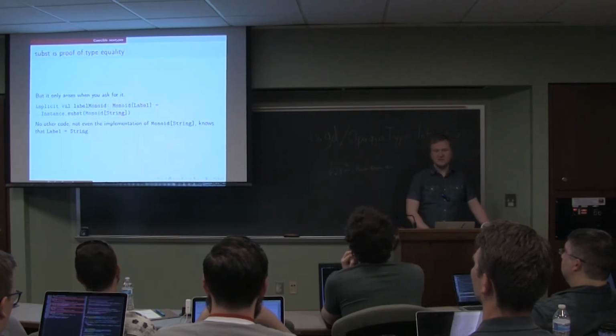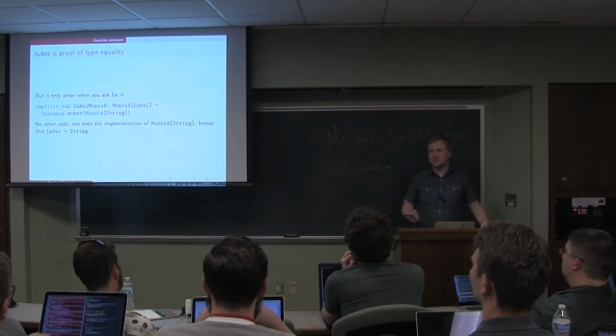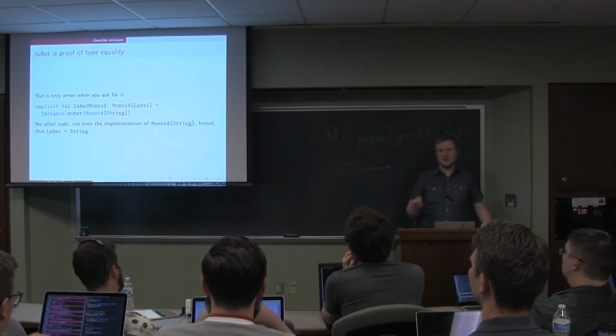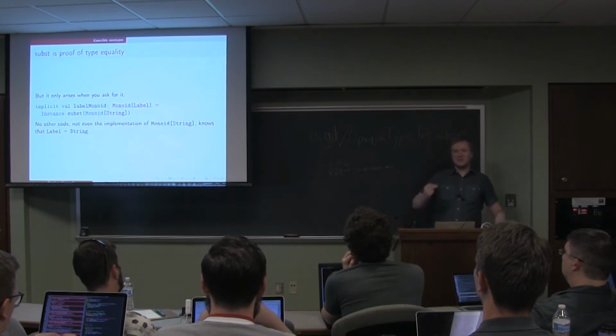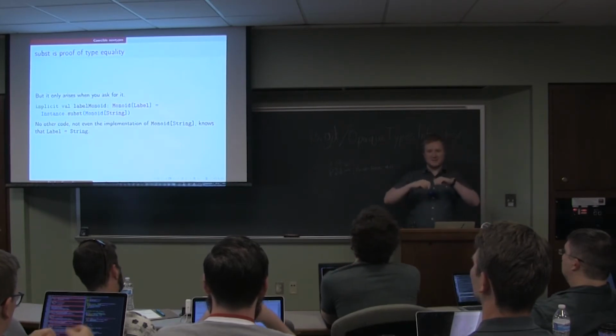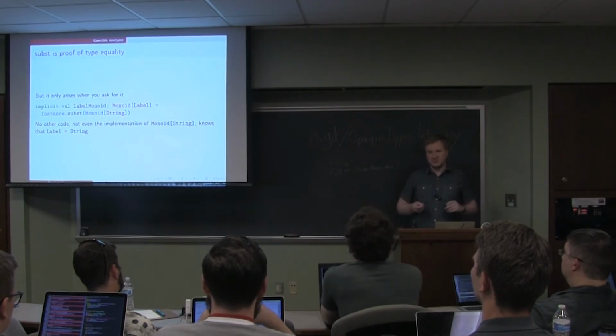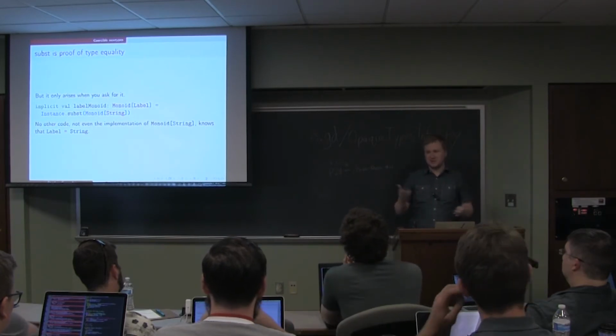That doesn't mean that we've told Scala C that they're equal. The fact that I've defined subst in my signature and implemented it in my structure does not mean that Scala is suddenly going to know that label equals string. In fact, we have to use it. We have to reveal that fact at only specific points, which are substitutions, hence the name.